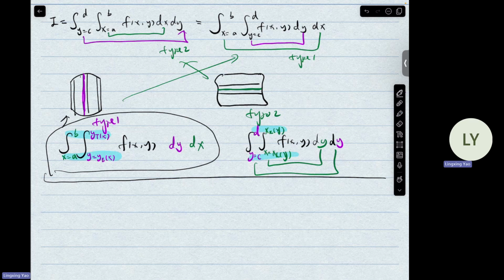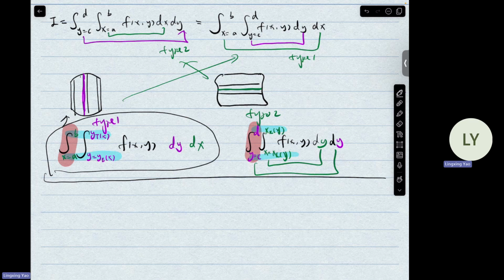And one thing we always pay attention to is that for whatever type 1 or type 2 region you set up the iterated integral, for the exterior integral, the bounds are always constant, no matter what you do. This is the ultimate feature of calculating the double integral using the iterated integral.